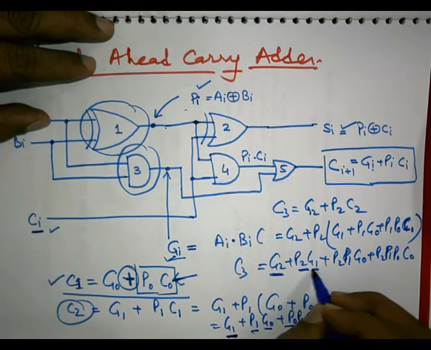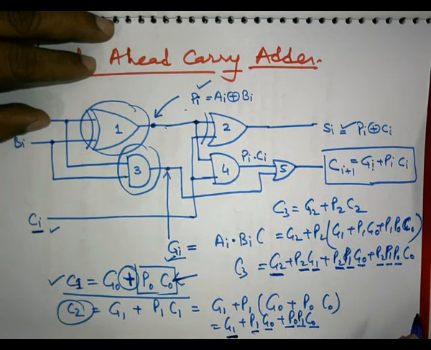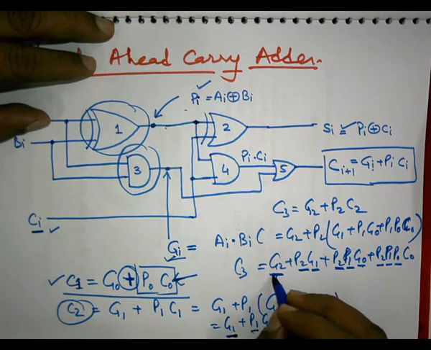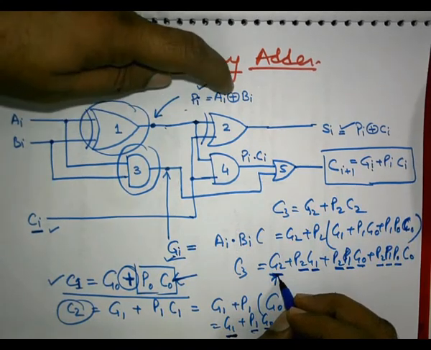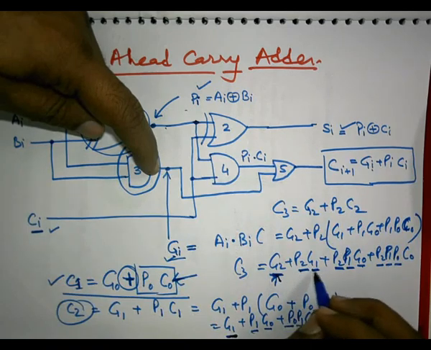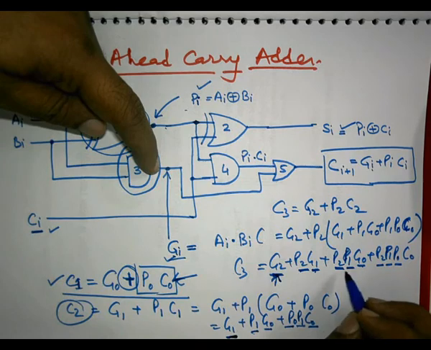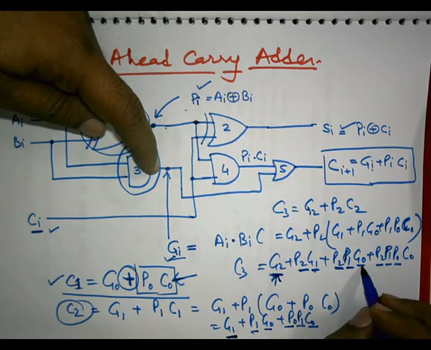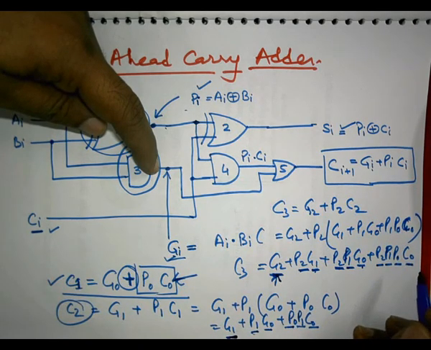So this C3 is generated immediately when the A3 B3 bits are applied, because what you have to generate is G2, and it directly depends on the applied input bits. Then P2 G1 has already been generated. Then P2 P1 G0 has also been generated, and P2 P1 P0 C0 has also been generated.